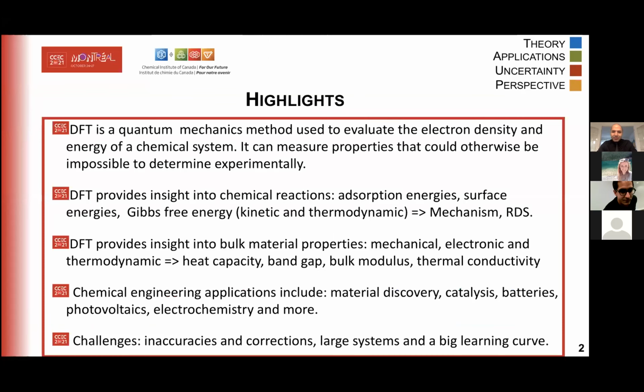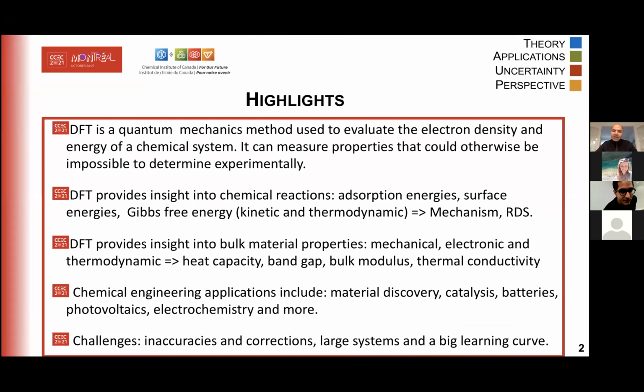Before jumping into the details, I guess it's good to provide the highlights of what we have done in this paper. We have provided a very short overview of the fundamentals behind quantum mechanics and specifically density functional theory, and how it evaluates the electron density and consequently the energy of a chemical system.